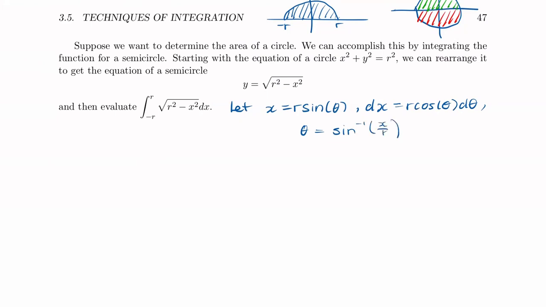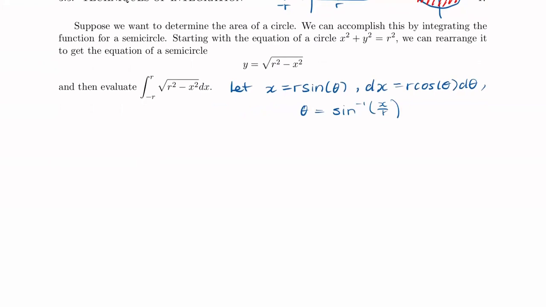All right. So if we also draw the right angle triangle once again, because it's always helpful, we would have the x here, we have the r, this is our angle theta, and this is the adjacent side, which is the square root of r squared minus x squared.